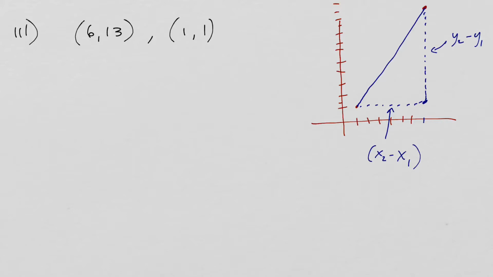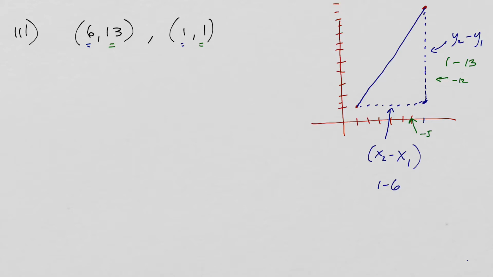So the distance between the x values is going to be our x2 and our x1. So this is going to be 1 minus 6. The distance between the y values is going to be 1 minus 13. Okay, so this distance is negative 12. This distance is negative 5.